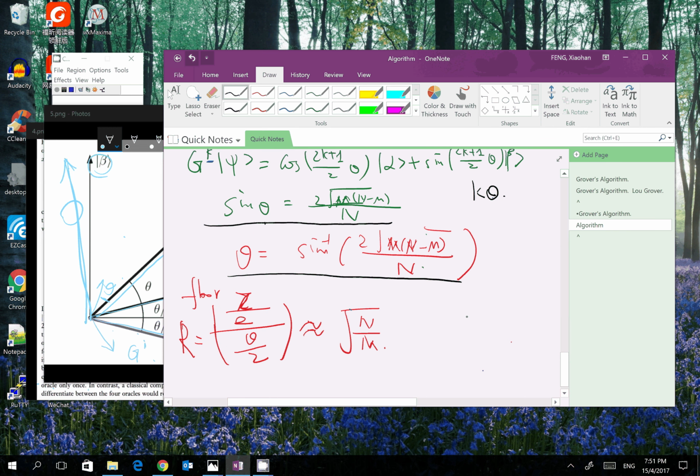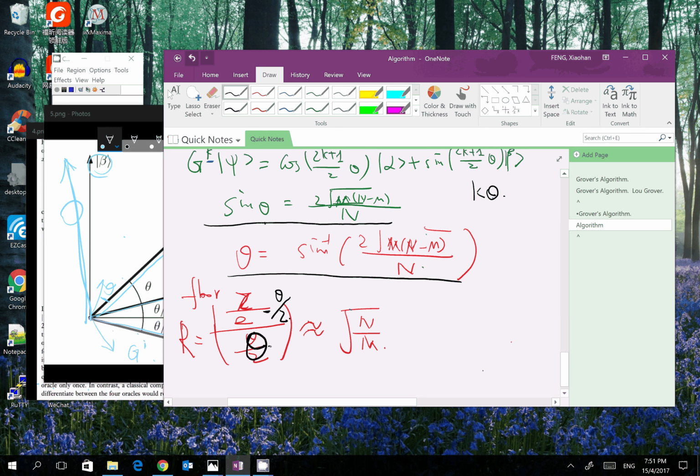So we just take the floor of (pi over 2 minus theta over 2) over theta here.